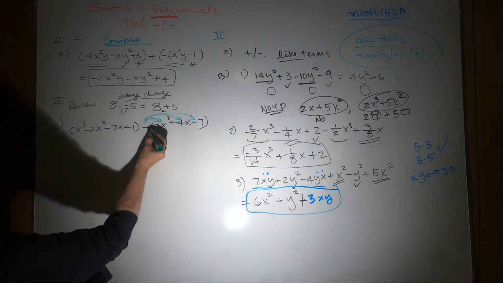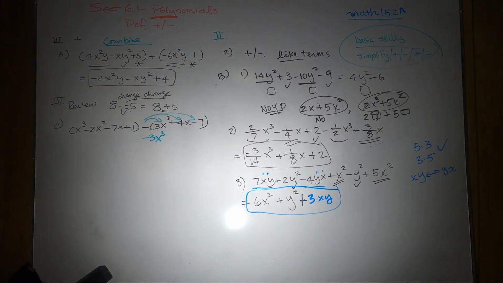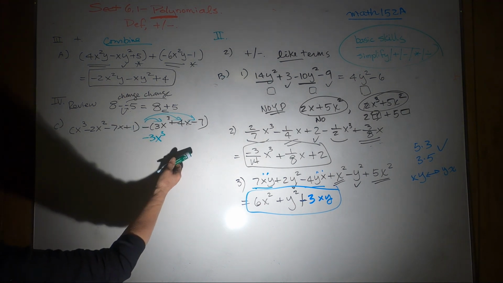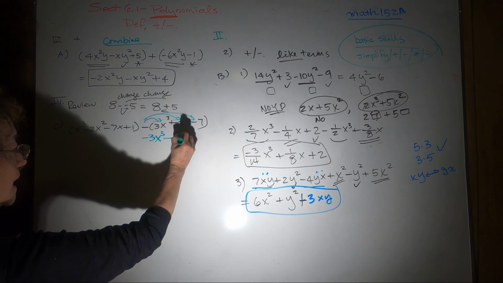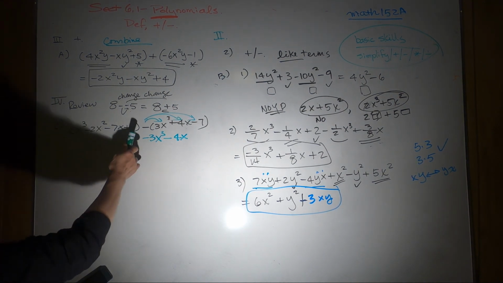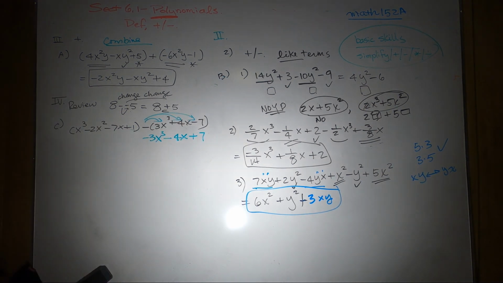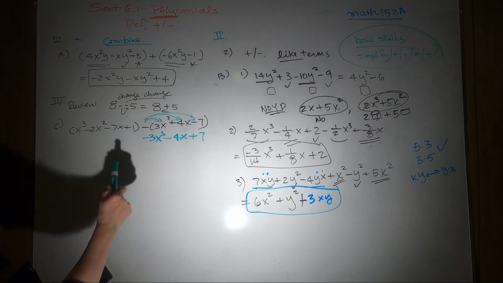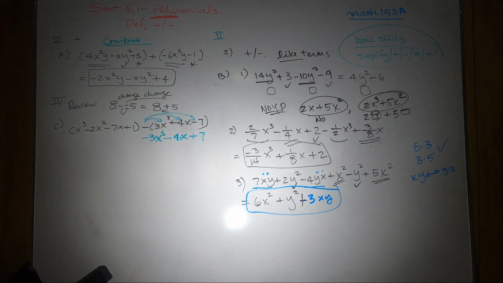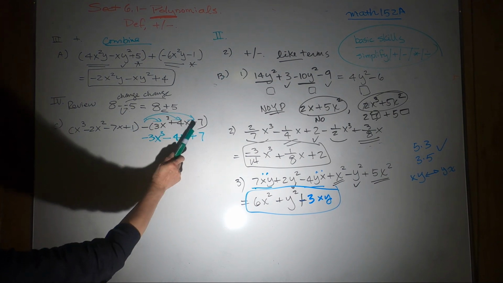Okay, so this one minus means what? I want to minus this guy, right? Then I want to minus positive 4x means I want to minus 4x, right? Then I want to minus 7 means what? Change, plus 7. That means when you take out the parentheses, you need to change all the signs inside.